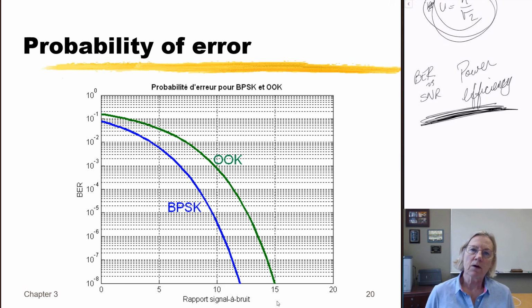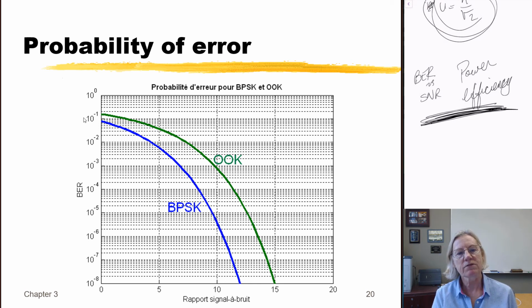We see here the typical form of a communications bit error rate curve, which we call a waterfall. So it starts up so that when the signal is very, very weak, when the signal is so weak that it's almost just noise, then half the time I would get the wrong bit. And my probability of error would start at something like a half. And then as my signal gets stronger and stronger, the probability of error goes down.